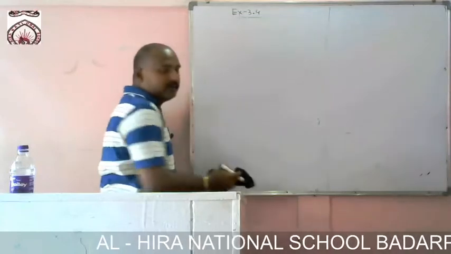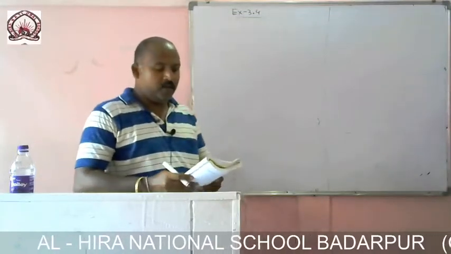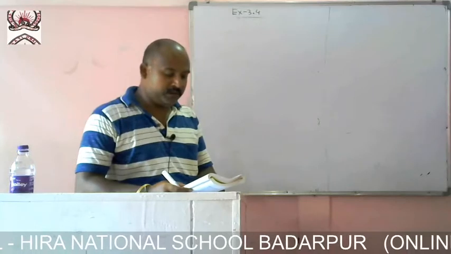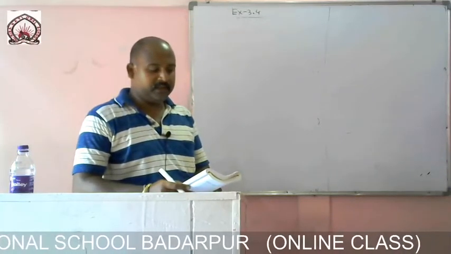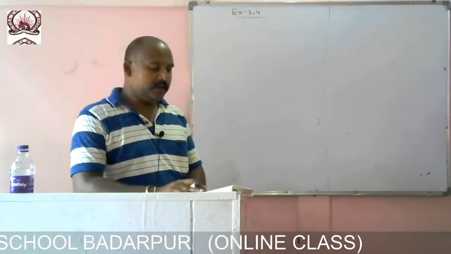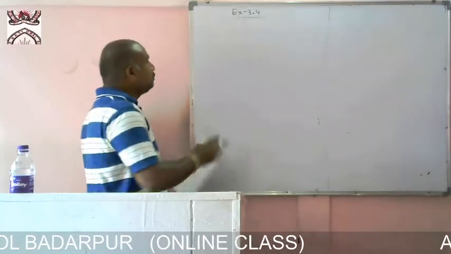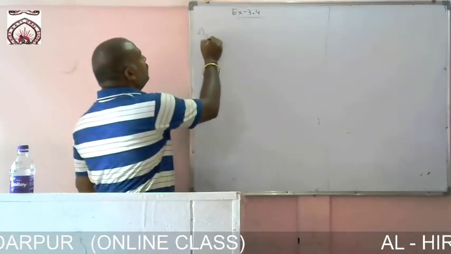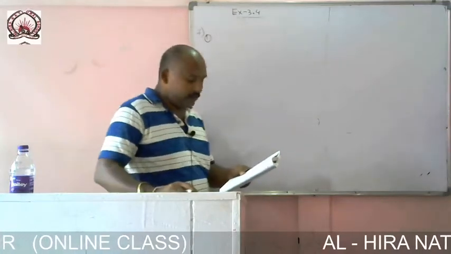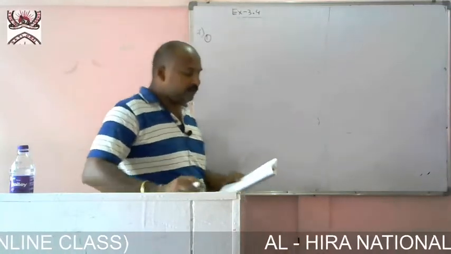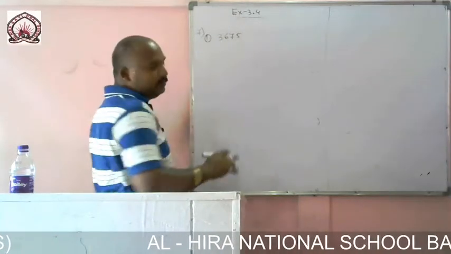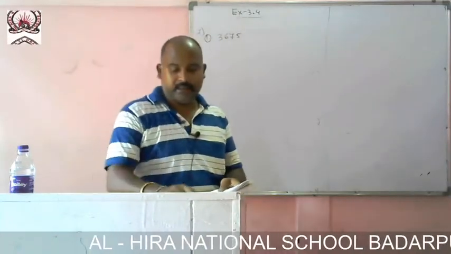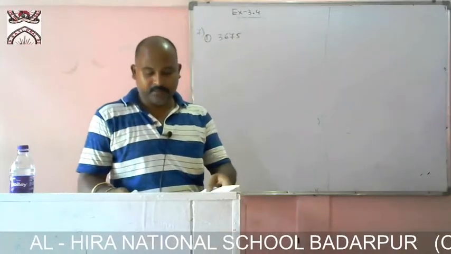Now find the smallest positive integer multiple by which makes the following number a perfect square. Now 3675, number 1. 3675. Okay.